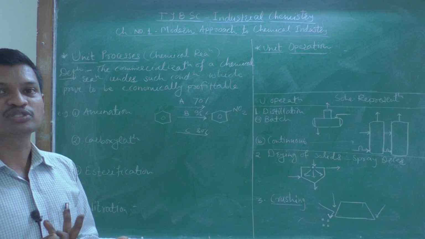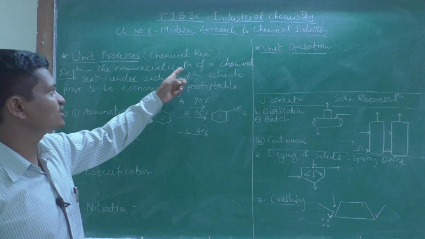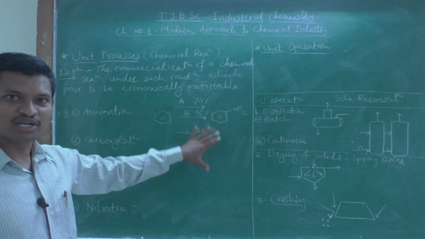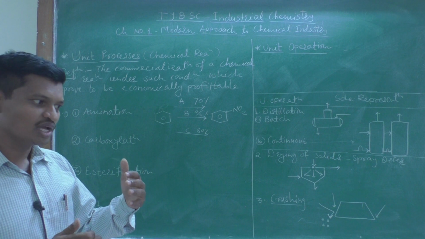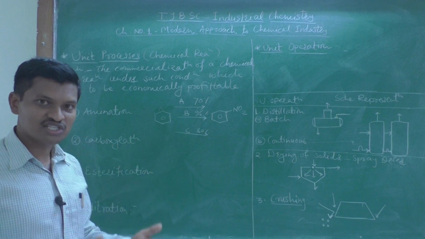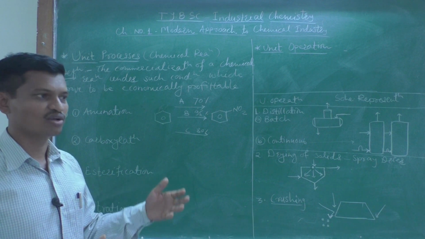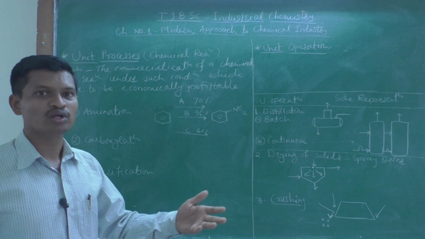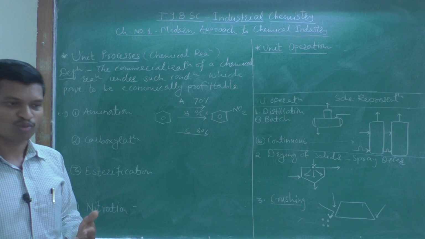But which is a unit process? What is our definition? The commercialization of a chemical reaction. All these are chemical reactions, but commercialization means that when we have to do that chemical reaction at industry level, at a large or bulk level, which process will give you an economically profitable yield.